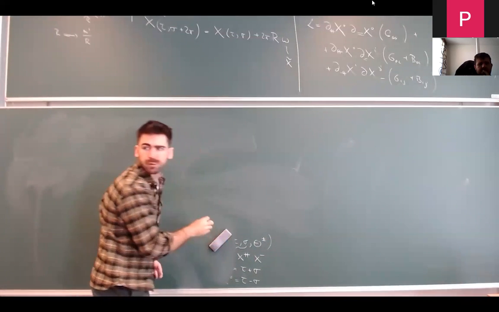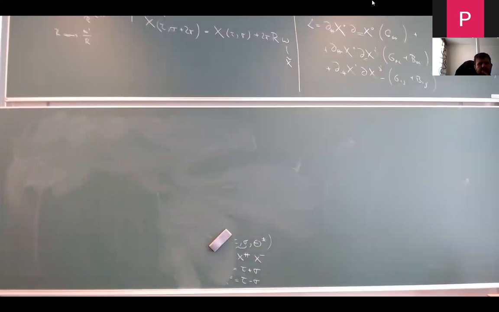Can I have a quick question? Sure. Are these equivalent descriptions of the same thing? If you have one direction that is circular, does that imply that you have a Killing vector automatically? No. The fact that in the target I have some compact cycle doesn't mean that there's a Killing vector in the model. I can still have any kind of metric on the target space manifold. That's an extra restriction on the model.